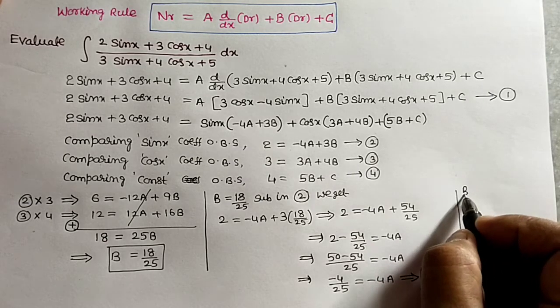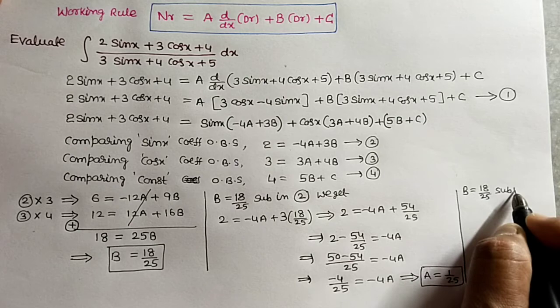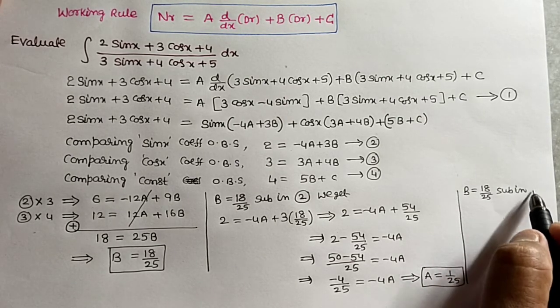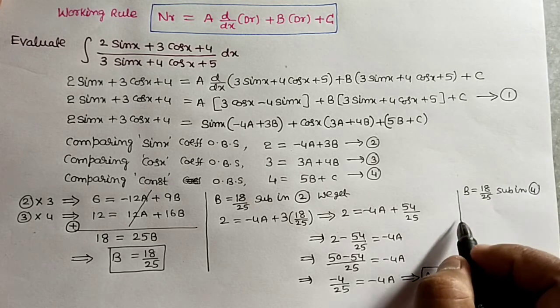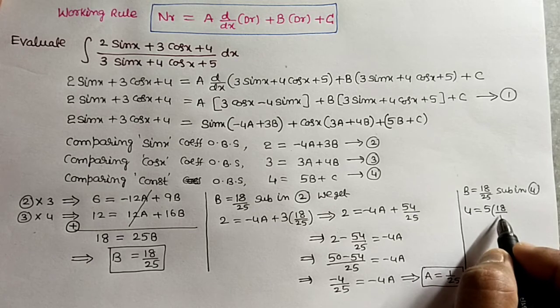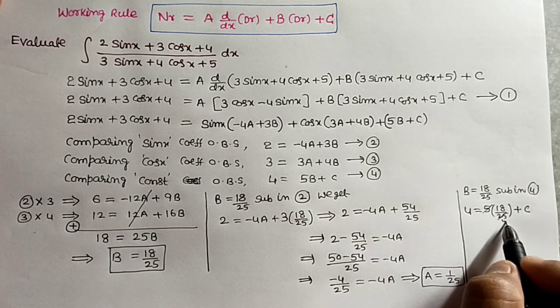So here b is equal to 18 by 25. Substitute in equation 4. 4 equal to 5 into 18 by 25 plus c. 5 ones are 5, 5 5s are 25.